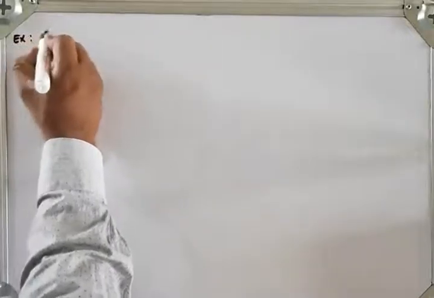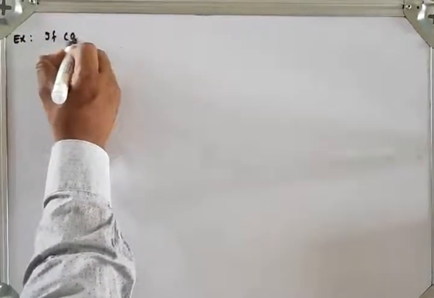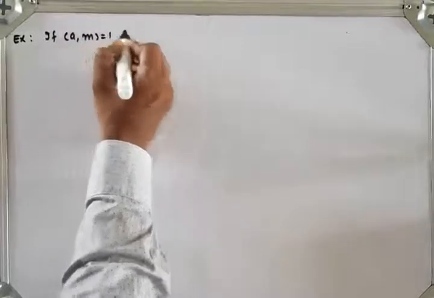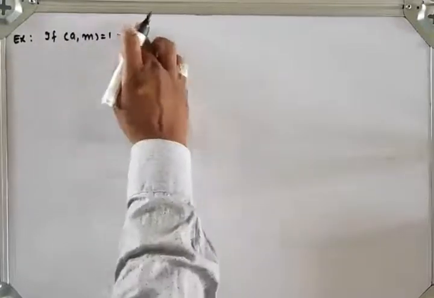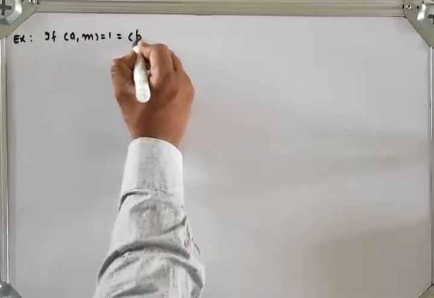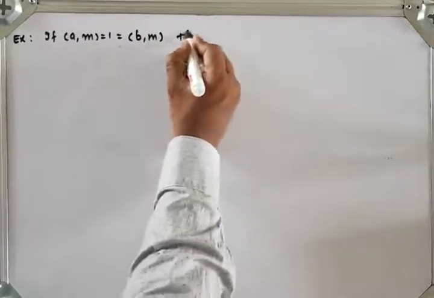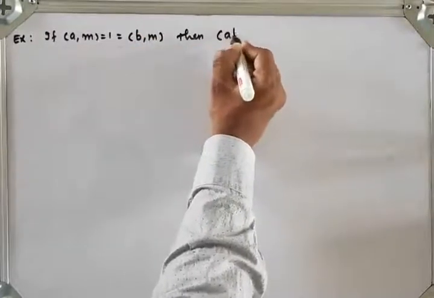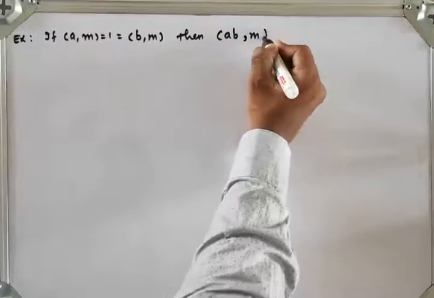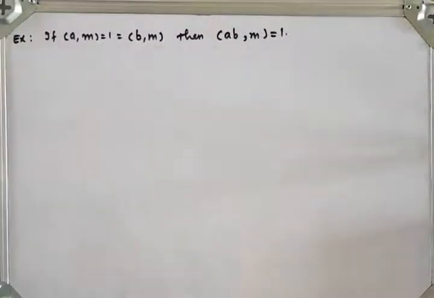If GCD of a and m is equal to 1, and GCD of b and m is equal to 1, then show that GCD of a into b with respect to m is also 1.